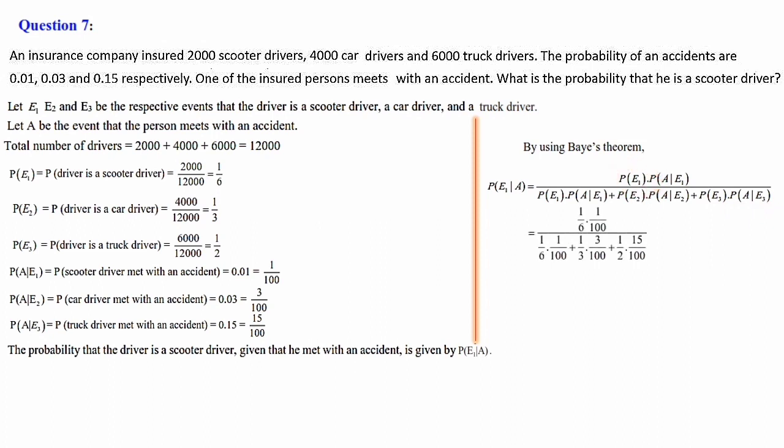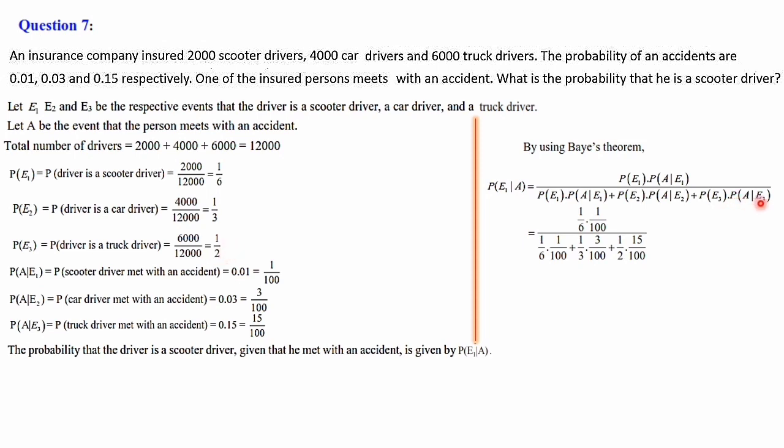P of E1 we have 1 by 6, P of A given E1 is 1 by 100. So 1 by 6 into 1 by 100. Again in the denominator, 1 by 6 into 1 by 100 plus P of E2 we have 1 by 3 and P of A given E2 we have 3 by 100. So 1 by 3 into 3 by 100 plus P of E3 we have calculated 1 by 2.